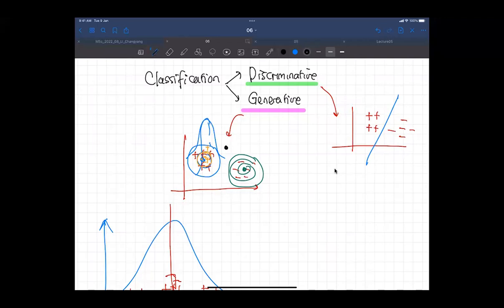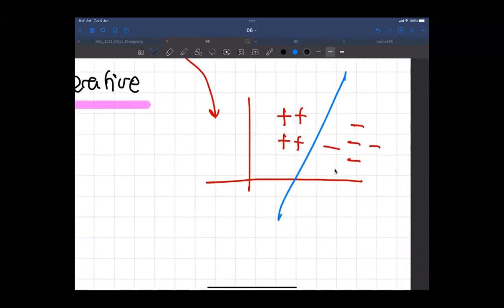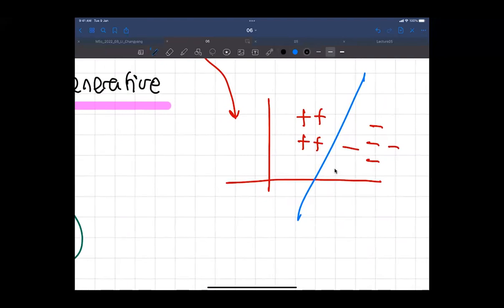All right. Now, the other question is, so far, we always assume that we have positive and negative with binary class. Means that we only have two classes. What happens if you have 3 or 4 or 5? Right? So there's another problem for multi-classes.